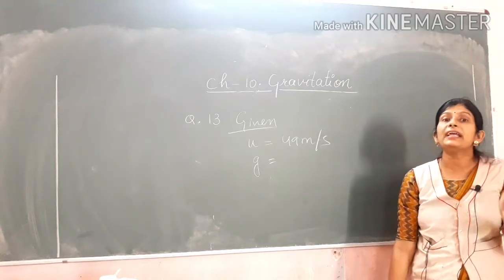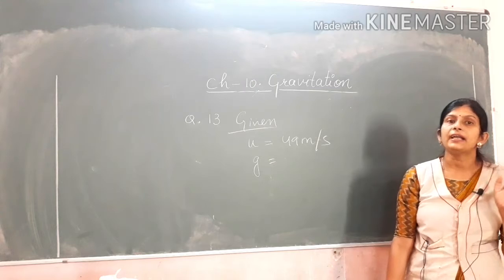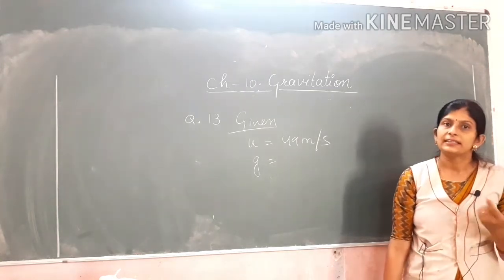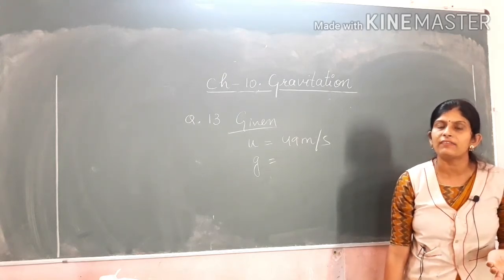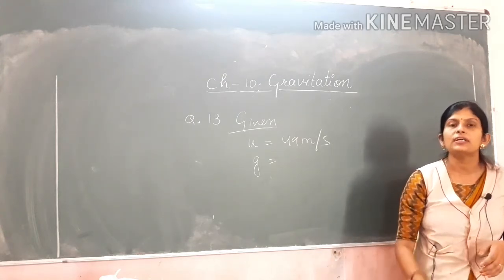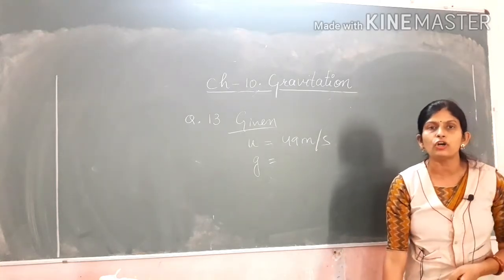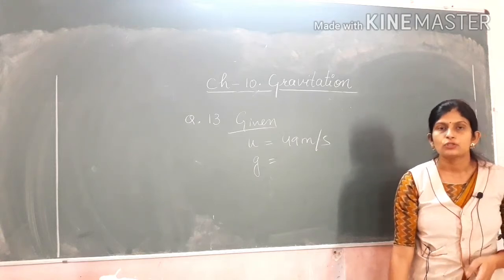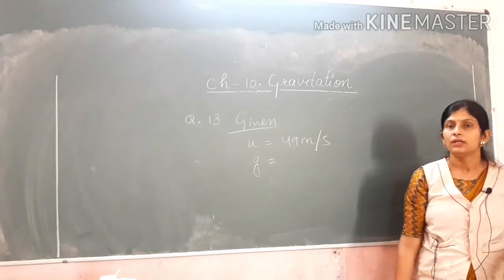So it will be negative. If object is moving downwards, both directions are the same, so acceleration due to gravity will be positive.